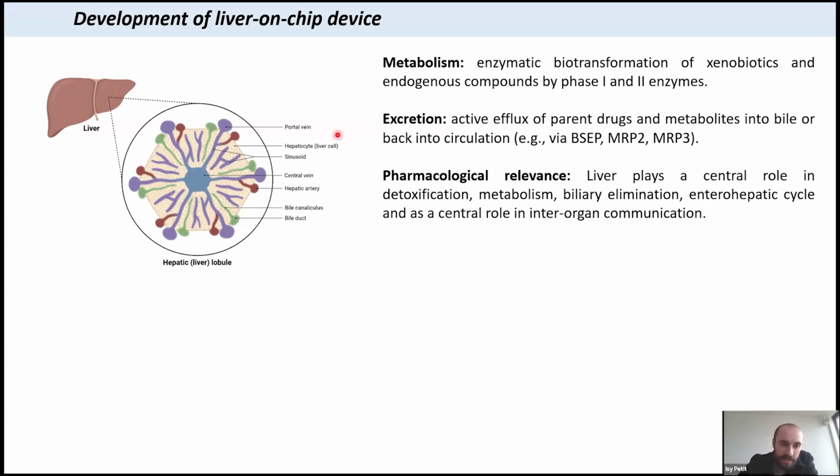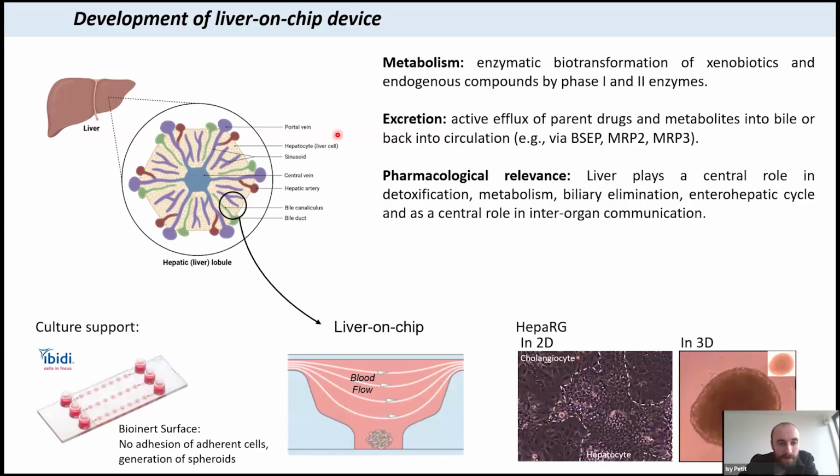And to replicate it, we chose another commercial culture support that allows us to culture spheroids under blood flow, or under dynamic condition. And we chose the HepaRG cell line to generate those spheroids. One key aspect of the HepaRG is the dynamic expression of cytochromes, so metabolizing enzymes.